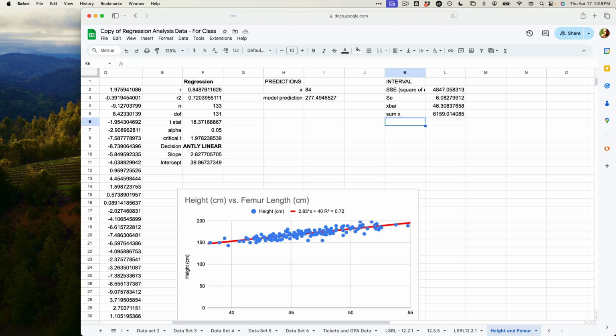Now, in and of themselves, summation of X is meaningless. Just look, what are you summing up, all the femur lengths? But in the statistical sense, it's going to contribute to the answer.